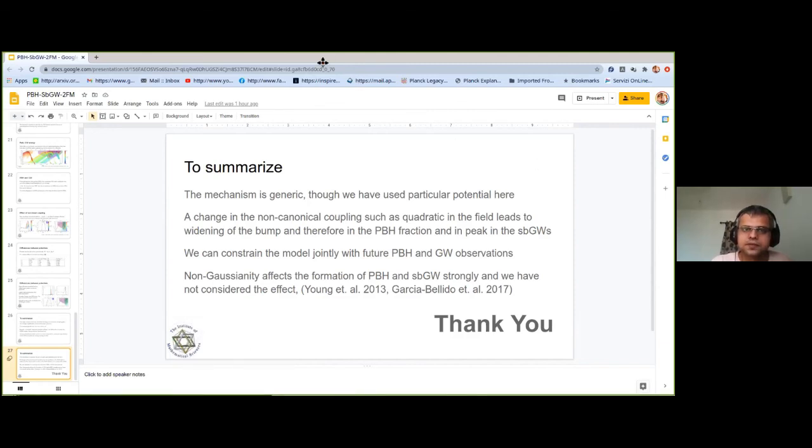Regarding the effect of non-Bunch-Davies initial conditions, we have not done that actually. You can use different initial conditions, but the Bunch-Davies initial condition is the most standard. Definitely there will be changes if you change to non-Bunch-Davies, but there will be changes at the CMB scales as well.